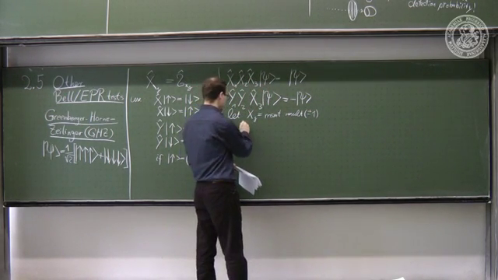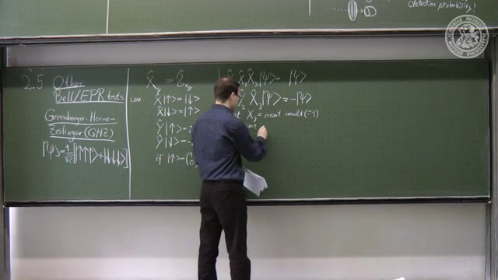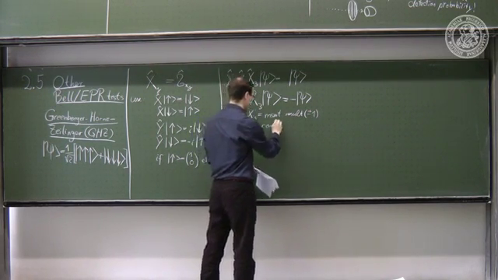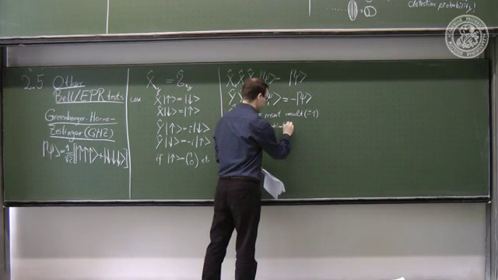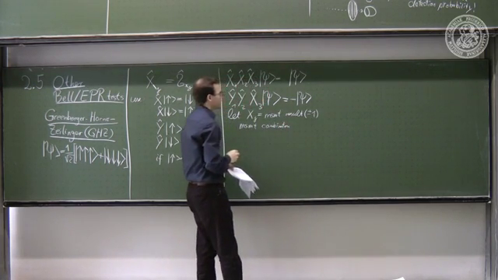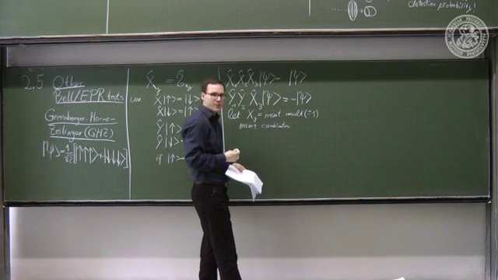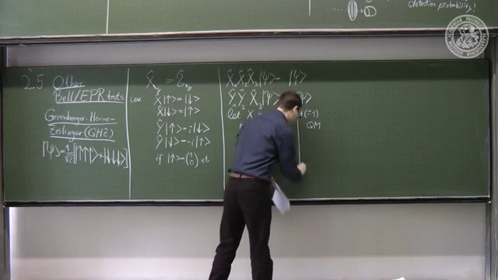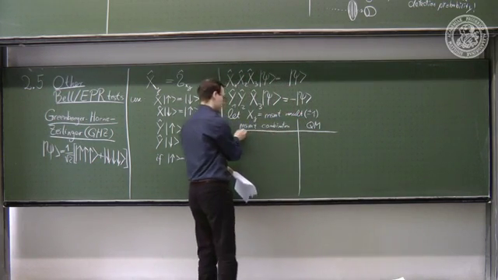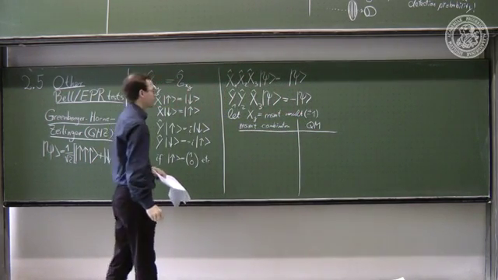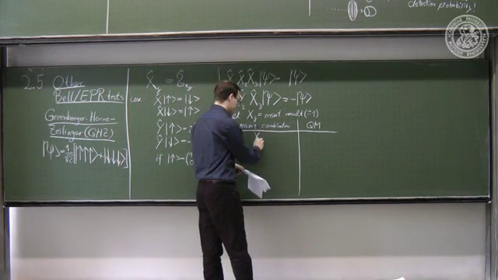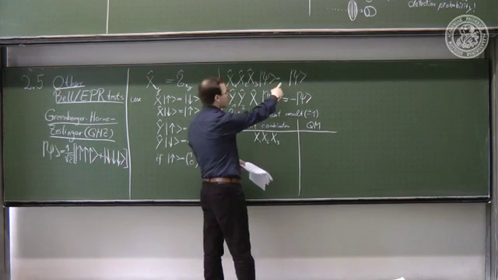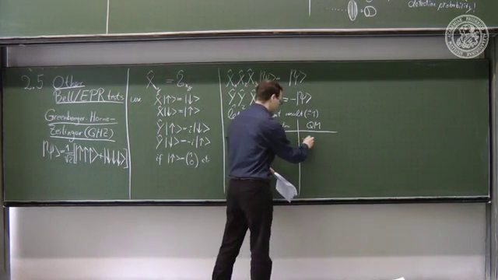And the measurement result is plus or minus 1. And we want just to consider several measurement combinations, such as xxx or yx. And also note down the result that we expect from quantum mechanics. Okay, so the first combination would be x, x, x. And the result will always be plus 1.